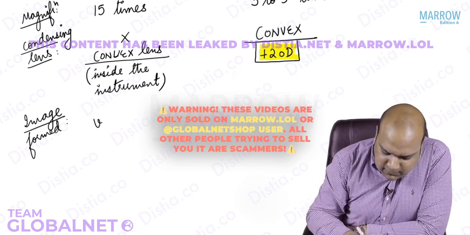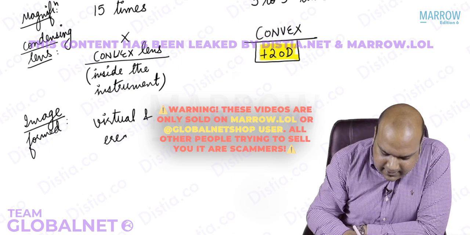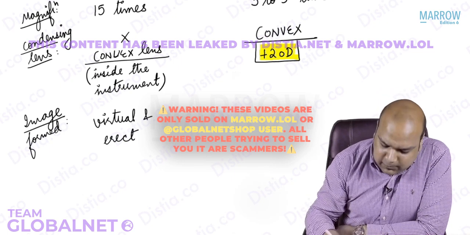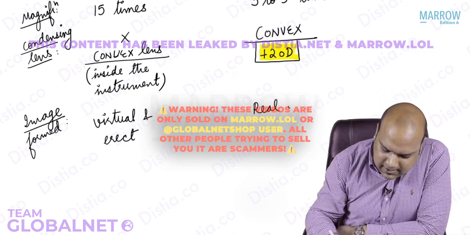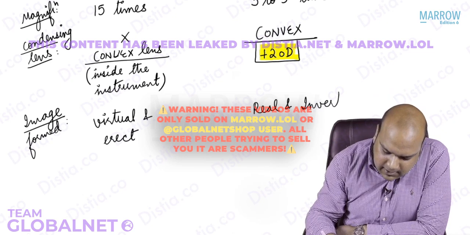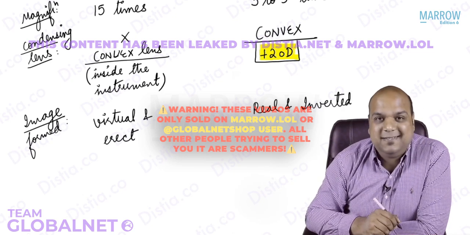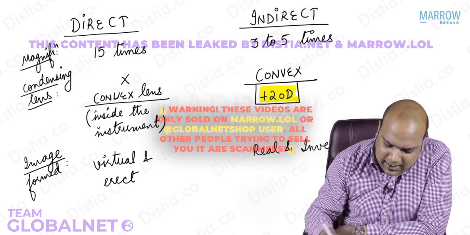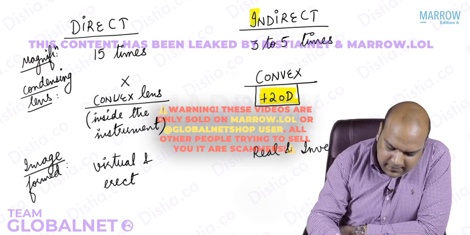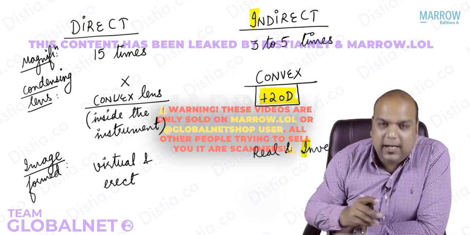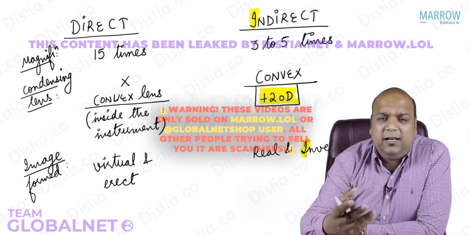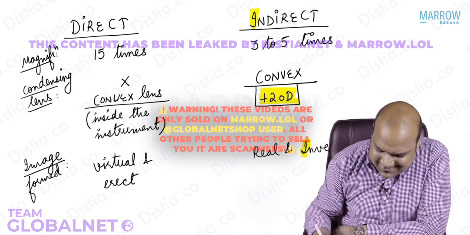So for direct ophthalmoscopy, the image formed is virtual and erect. But for indirect ophthalmoscopy, it is real and inverted. How do I remember it, everybody? I for inverted, I for indirect. Real and inverted, this much I know through my optics.